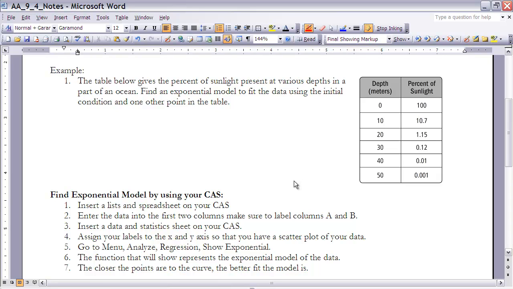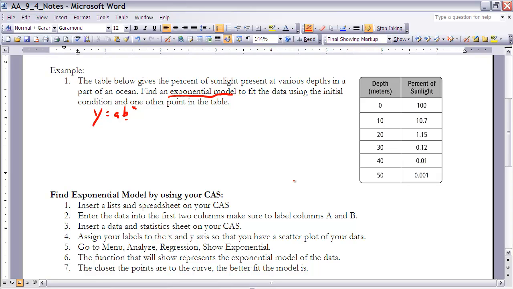It says the table below gives the percentage of sunlight present at various depths in a part of an ocean. Find the exponential model to fit the data using the initial condition as 1 and one other ordered point in the table. So to begin with, we have y equals ab to the x, and we're told that we're looking for an exponential model, so we know it's got to look like that.